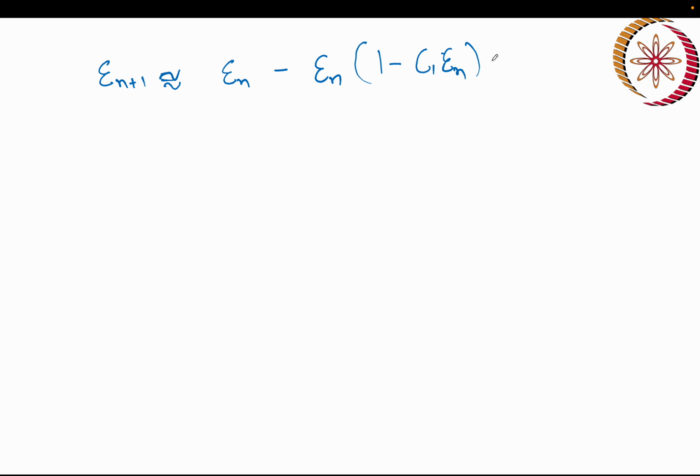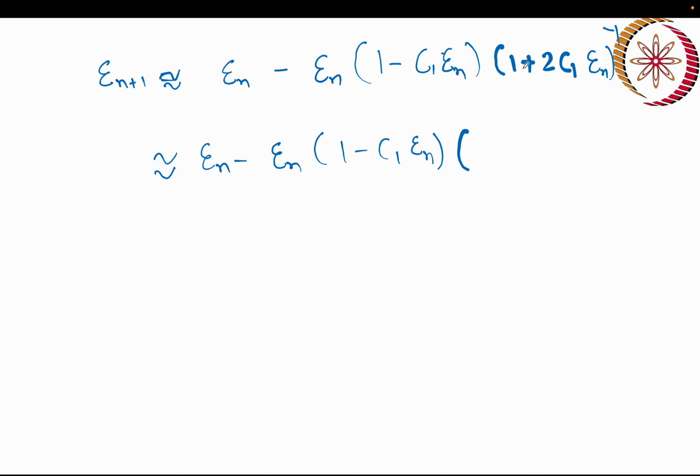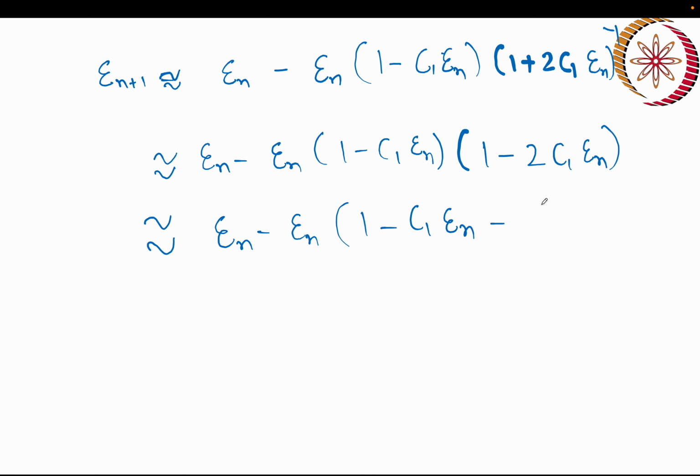We have to compute the inverse, and we'll neglect the higher order terms. So it will be epsilon n minus epsilon n into 1 minus c1 epsilon n into 1 minus 2c1 epsilon n plus 2c1 square epsilon n square.